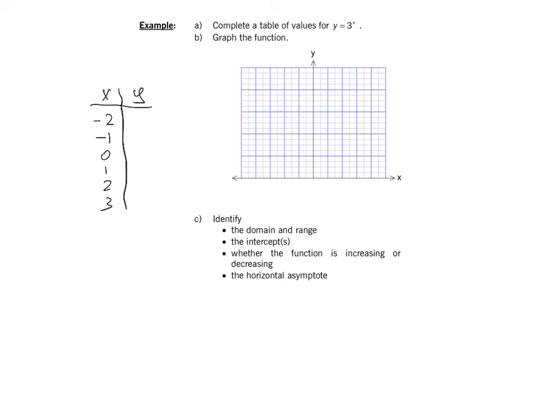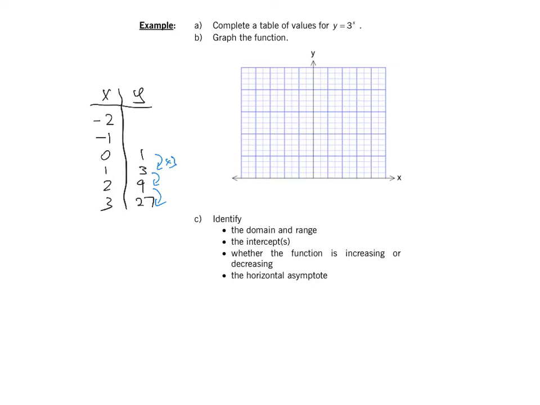And we're going to plug those in and see what we get. So anything to the exponent 0 is 1. 3 to the exponent 1 is 3. 3 squared is 9. 3 cubed is 27. So we can see the pattern here. Every time you go down in the table, you are multiplying the y values by 3.